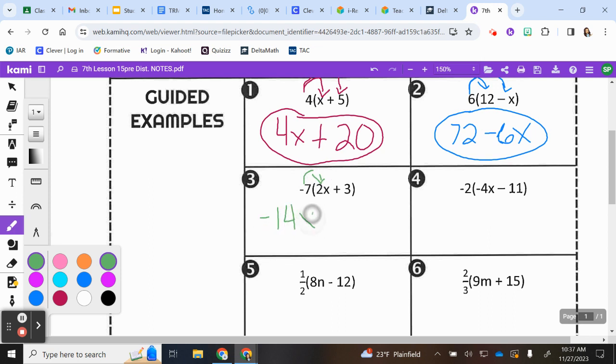Now you can use a calculator for that if you need to. So -7 times 2x is -14x. Then you're going to do -7 times 3, which is -21. Don't put plus -21, just put -21. So -14x and a -21.